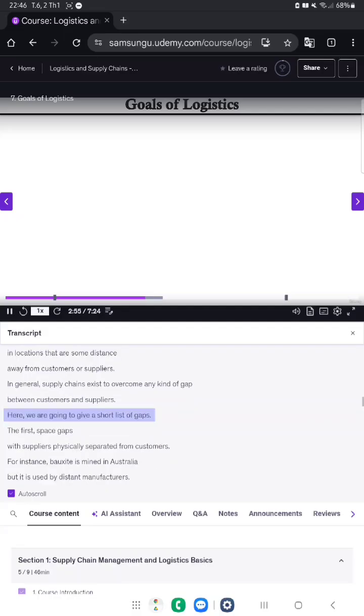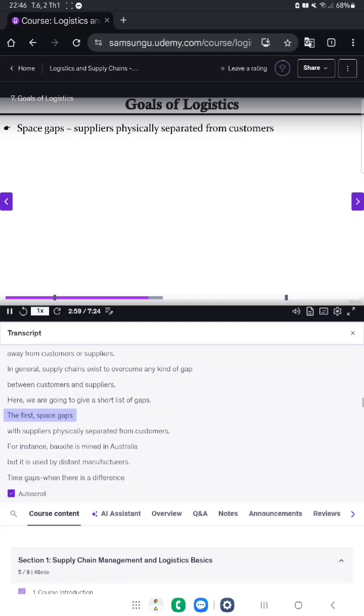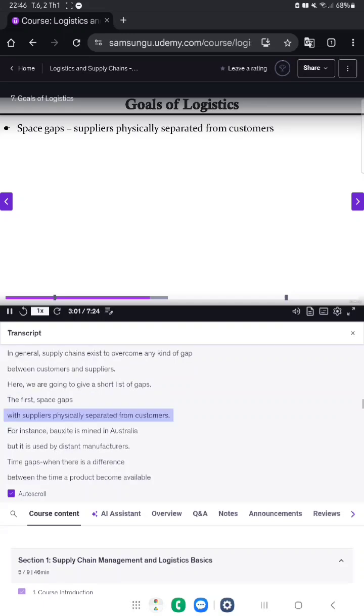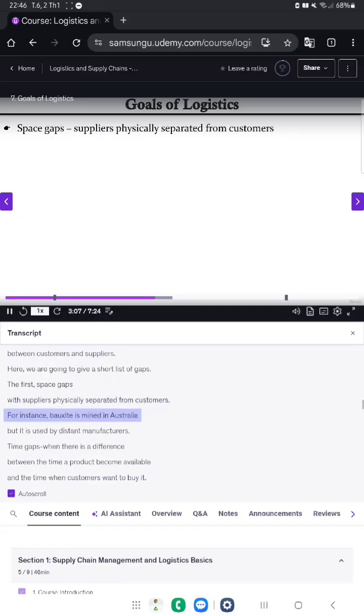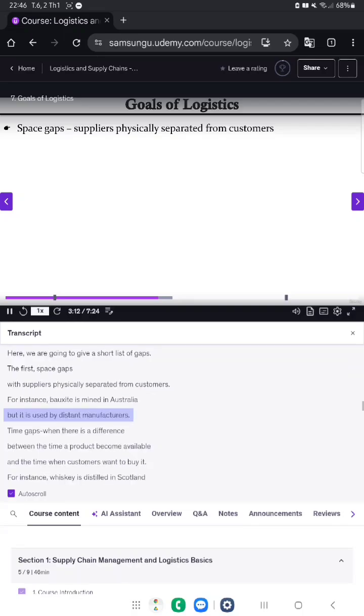Here we are going to give a short list of gaps. The first, space gaps, with suppliers physically separate from customers. For instance, bauxite is mined in Australia, but it is used by distant manufacturers.